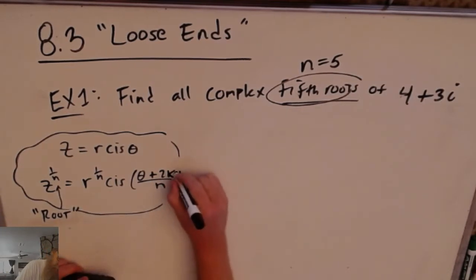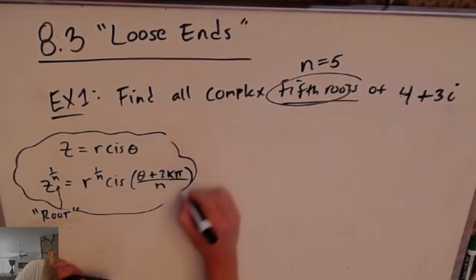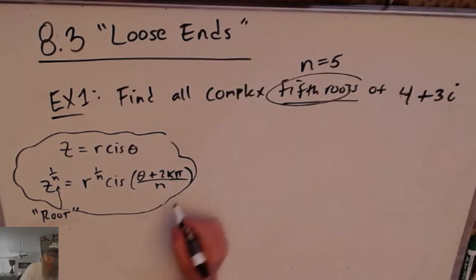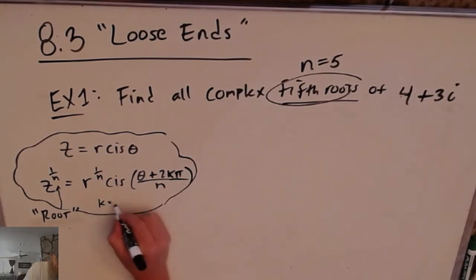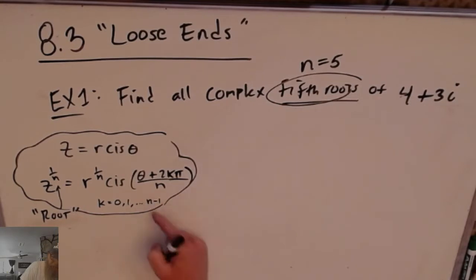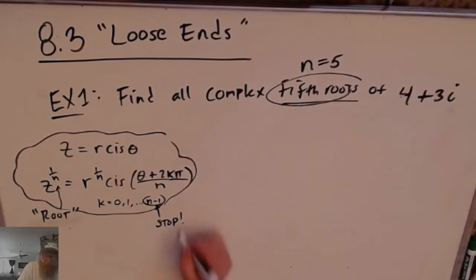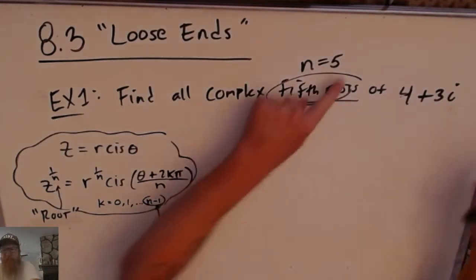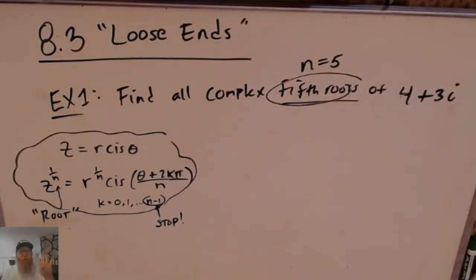I think I managed to catch the mistake before it got us in too deep. And then remember, k ranges starting with 0 all the way to 1 less than whatever n is. So in this case, we'll stop when k is equal to 4.